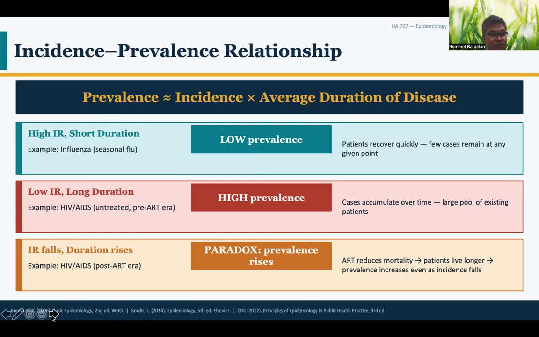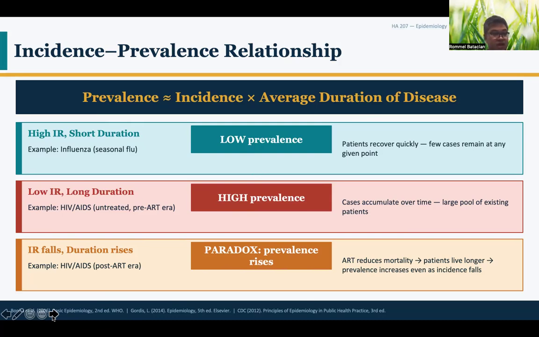So at any given point, relatively few people are still sick. Therefore, there are fewer existing cases, so there is low prevalence. The cases come and go quickly. The turnover rate of flu patients is much faster. They don't accumulate in the pool.